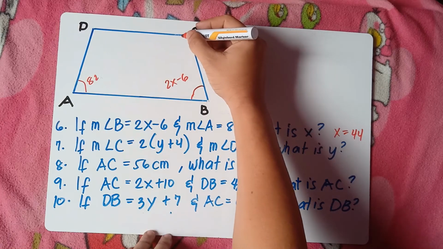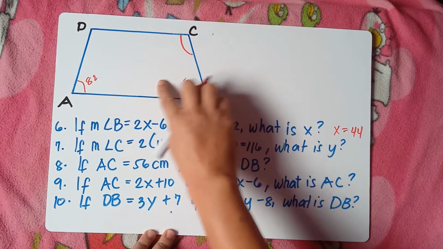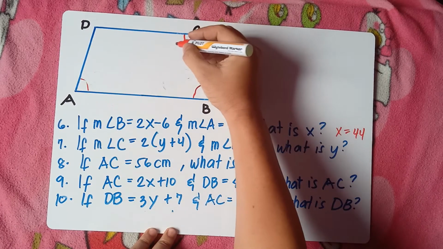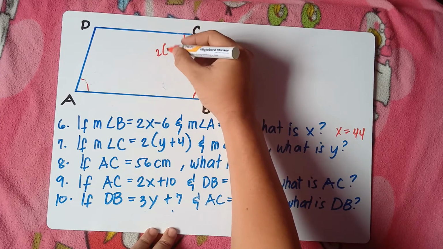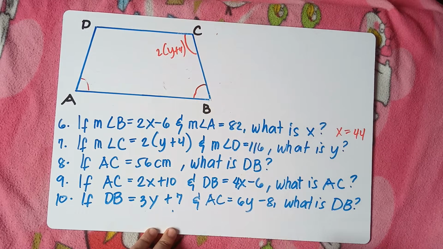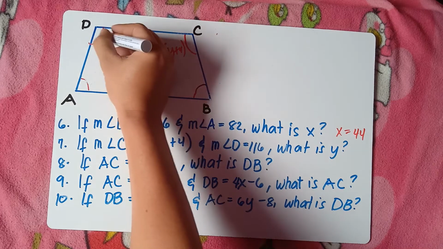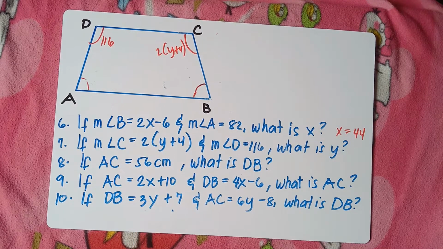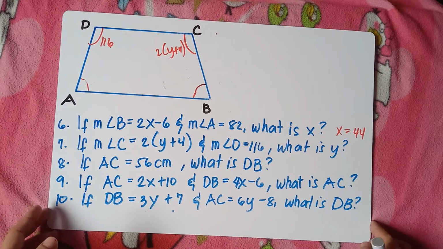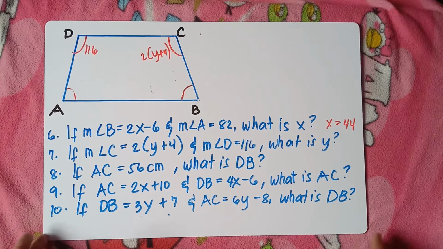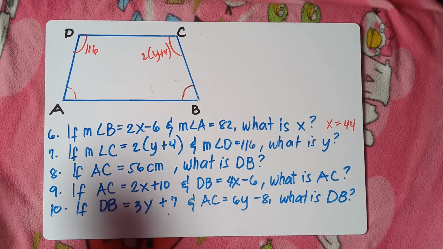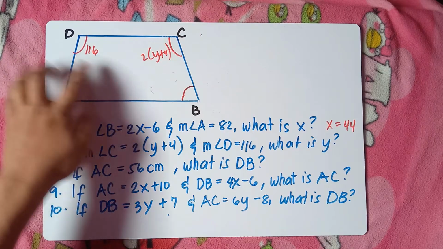So given, angle C is equal to 2 quantity y plus 4, and angle D is 116, and you are told to find y.